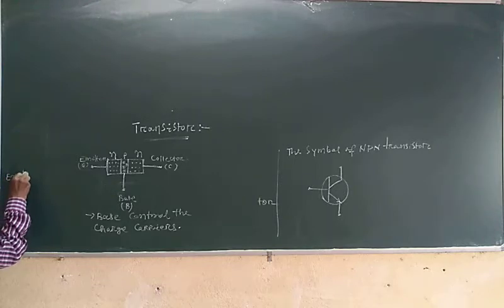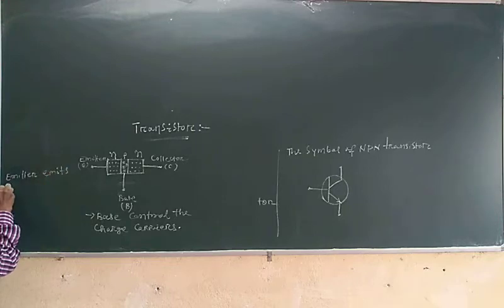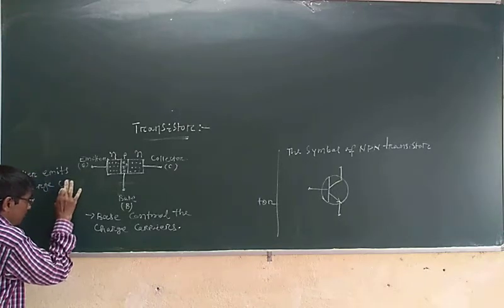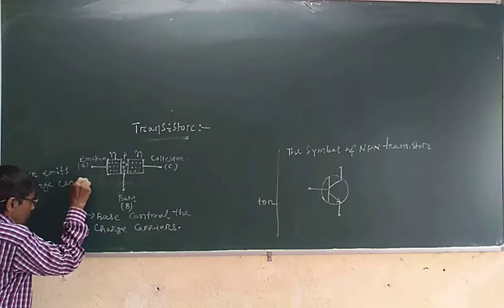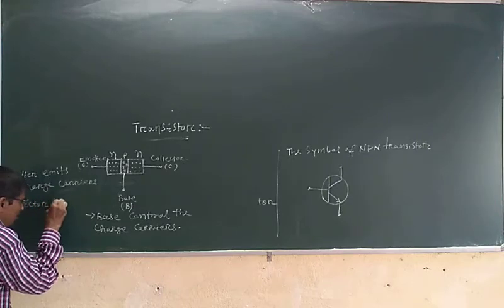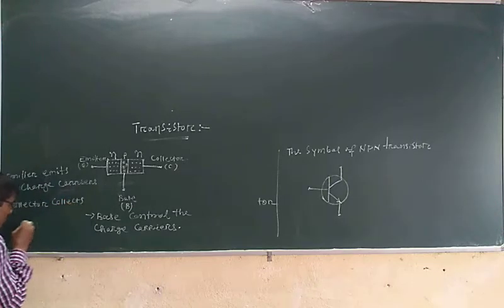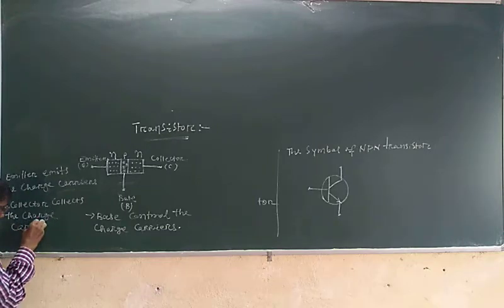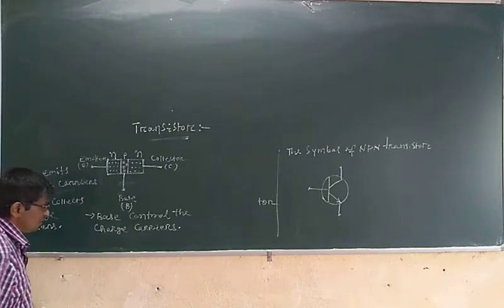Emitter emits the charge carriers, but the collector collects the charge carriers.